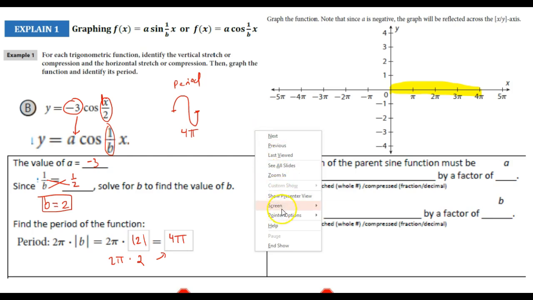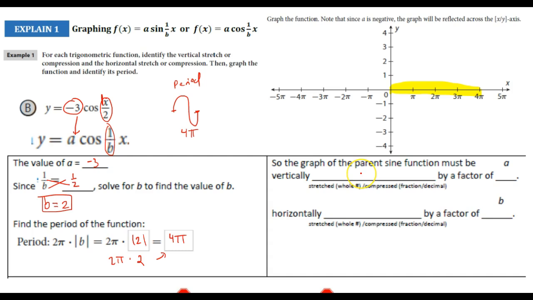Alright, now let's fill in these sentence starters first before we use Desmos. It says, the graph of the parent sine/cosine function must be vertically blank, stretched or compressed.